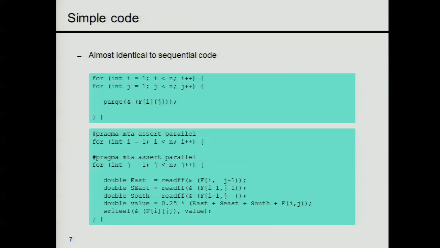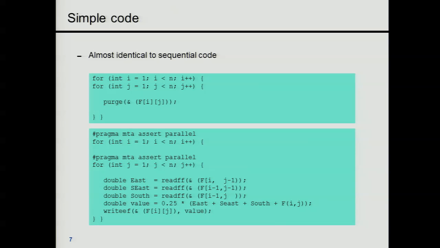And then I simply take my sequential code that I had before and change each of the read operations into a read FF. So here I read the east value, here I read the southeast value, and here I read the south value. Until those cells have written their values, these read operations will not complete. They'll just hang out there waiting for those cells to complete.